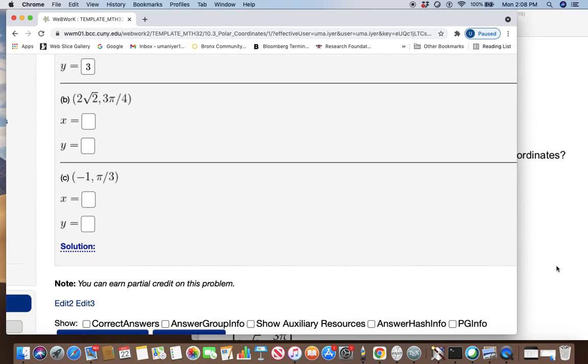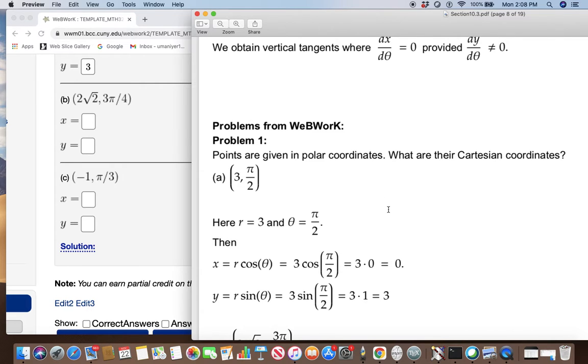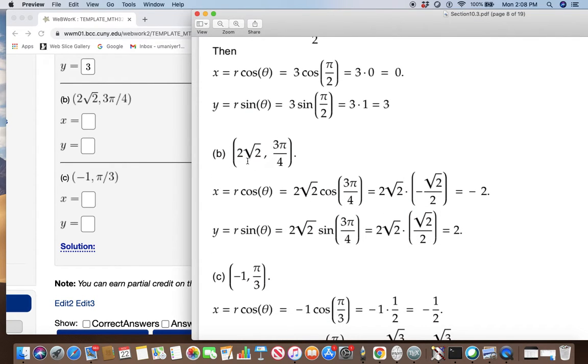Here, r is 2 root 2 and theta is 3 pi by 4. So x is r cosine theta, so 2 root 2 cosine 3 pi by 4. Cosine 3 pi by 4 is negative root 2 over 2. Okay, so these 2's cancel with a negative.